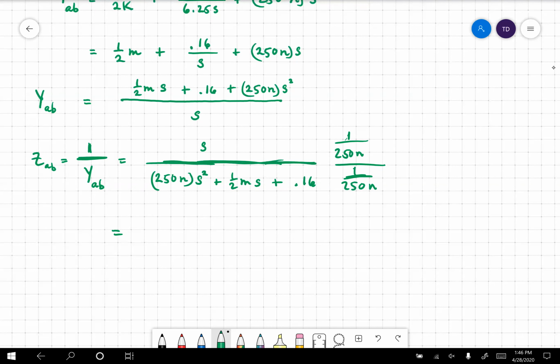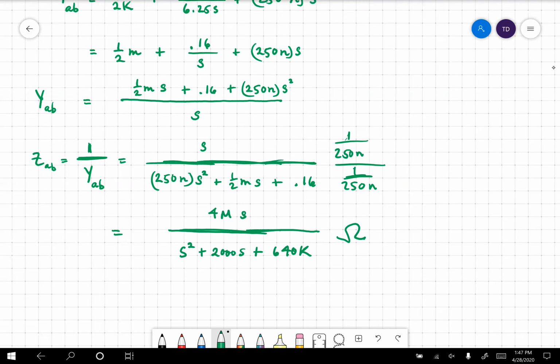So when we do, we end up with the following: 4 meg S divided by S squared plus 2000 S plus 640K. Looks familiar. So that's ZAB.